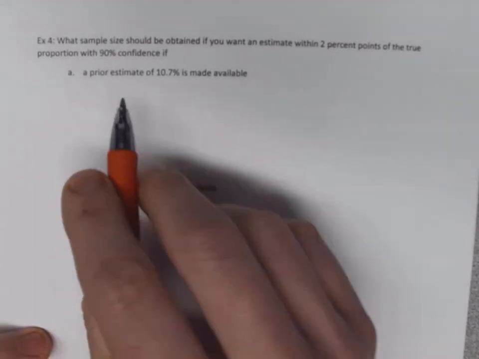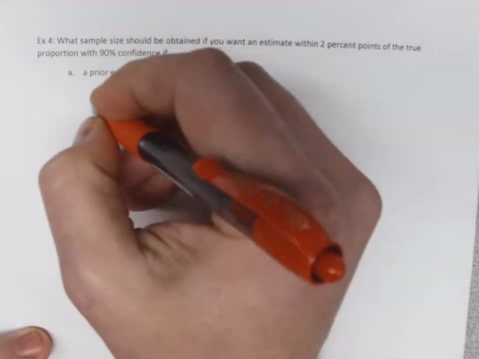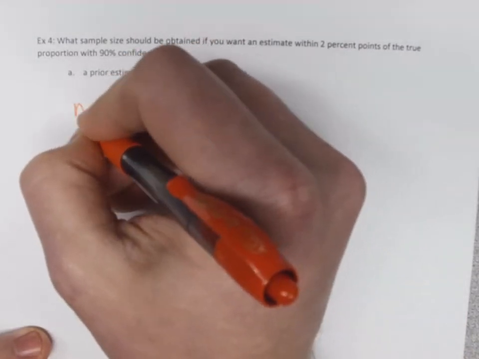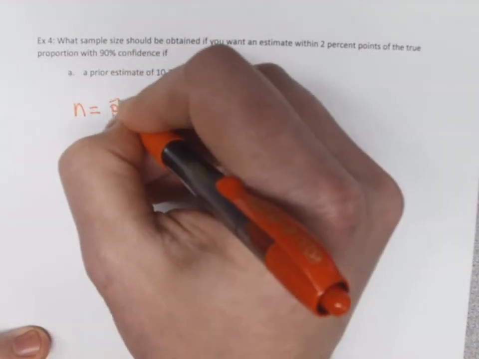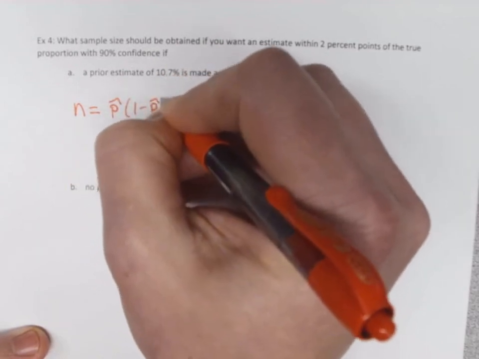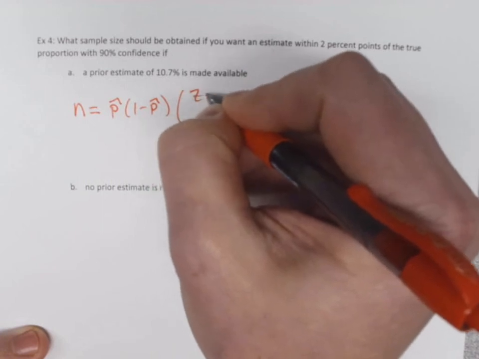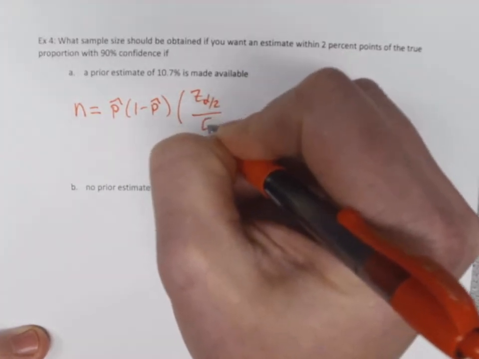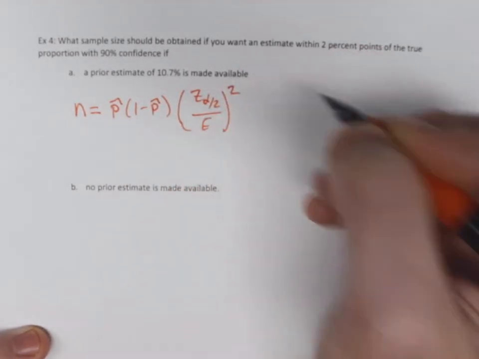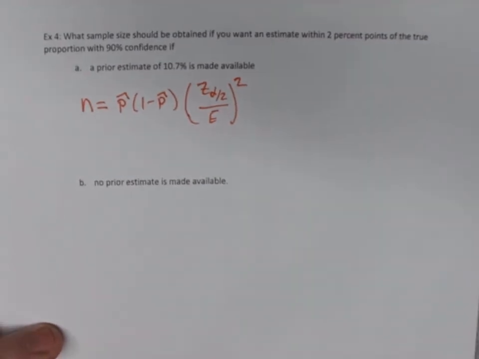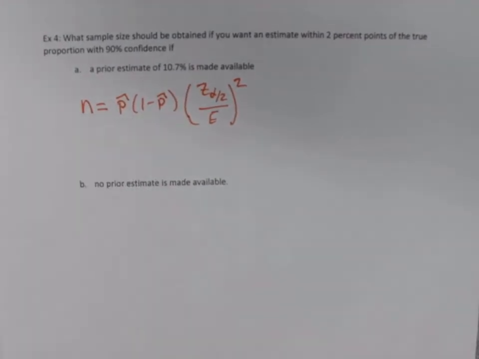We have to figure out which formula we're using, and we know we're using a prior estimate. So that means we are using n is equal to p hat times 1 minus p hat times z alpha over 2 divided by E, squared.